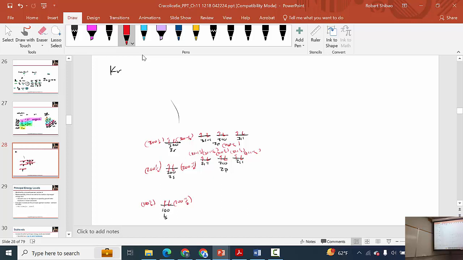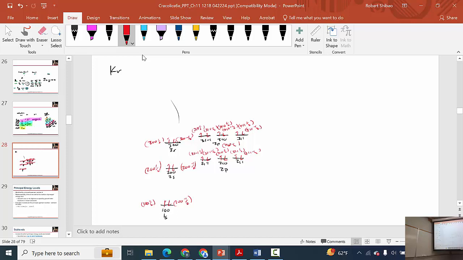And the quantum numbers? 3, 1, minus 1, 1/2; 3, 1, minus 1, negative 1/2; 3, 1, 0, 1/2; then 3, 1, 1, 1/2, and 3, 1, 1, minus 1/2.